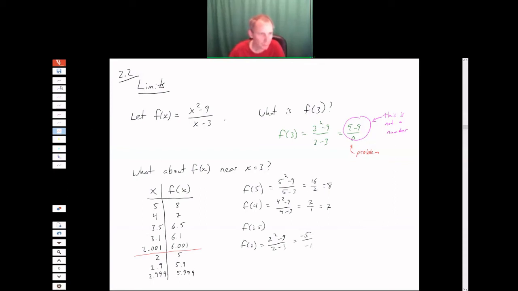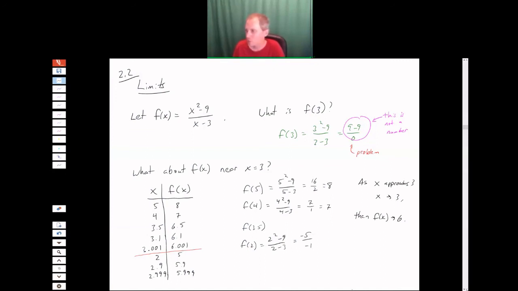So as x approaches 3, and the way that we can write that in math symbols is we can just use a little arrow. x, we use an arrow to say approaches 3. Then f of x approaches 6.